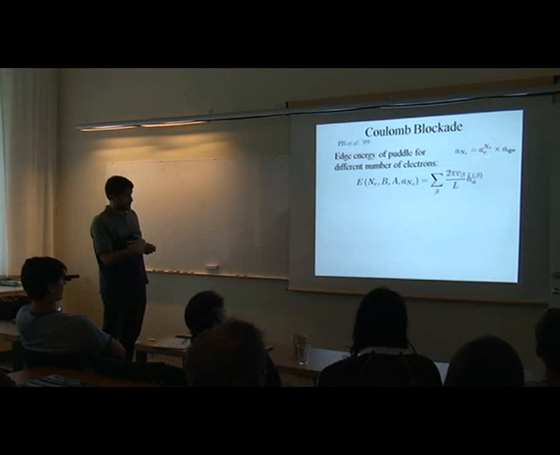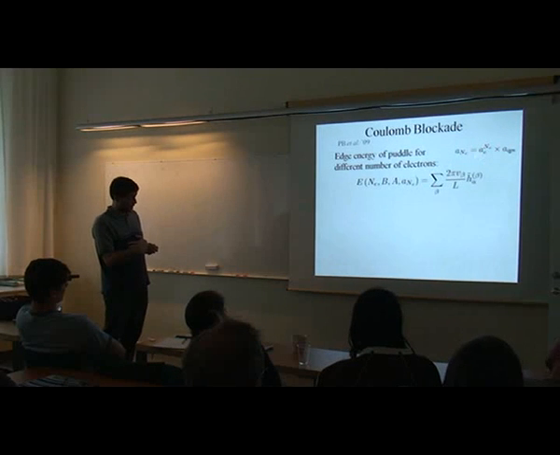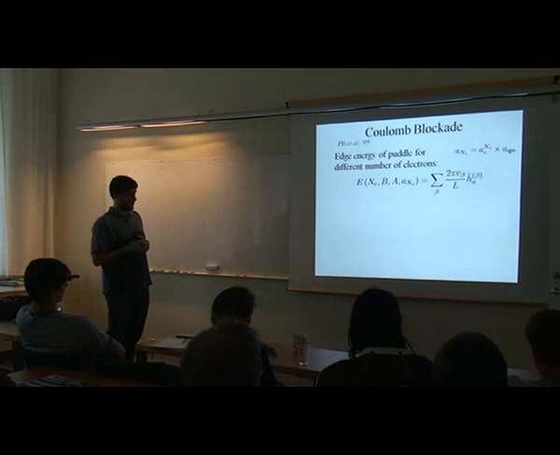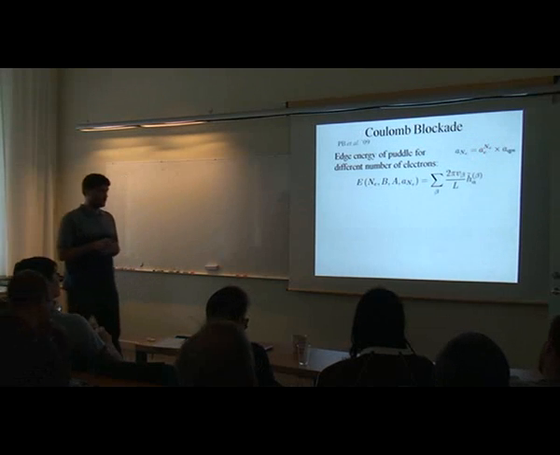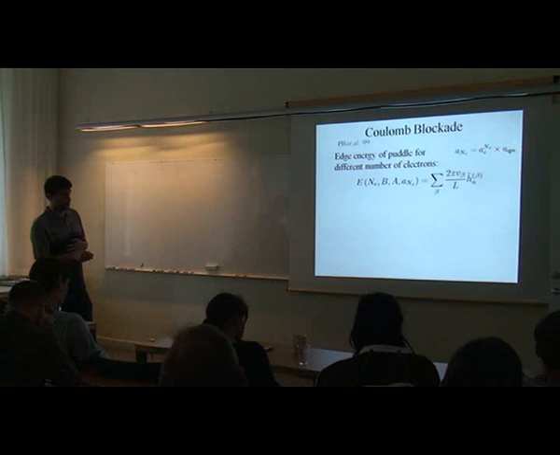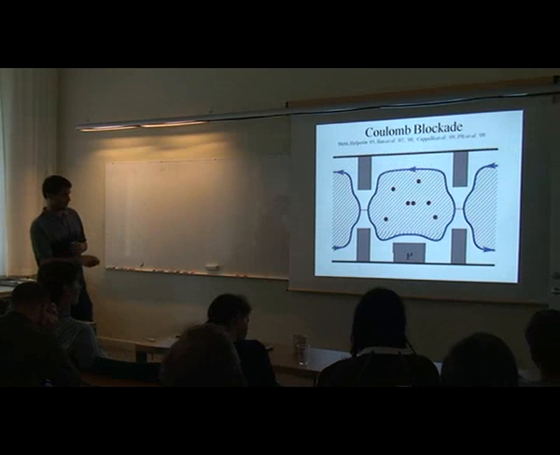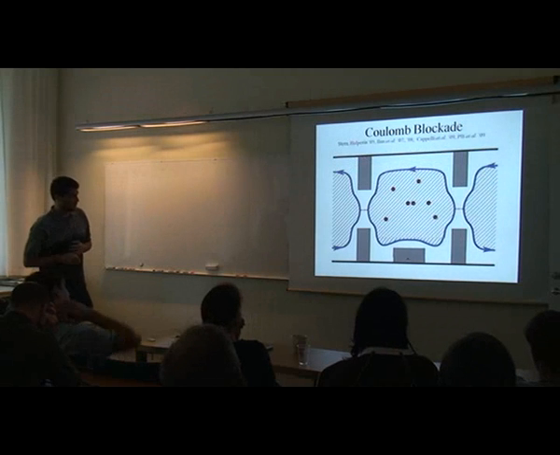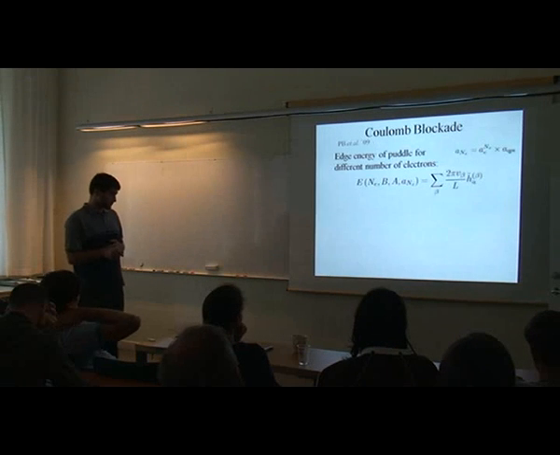So each electron carries some topological charge A sub E, and if you have n of them, you're going to take a power. You're going to multiply that topological charge by itself n times, and then you're also going to multiply that by the total topological charge of any quasi-particles that were sitting in this puddle region.